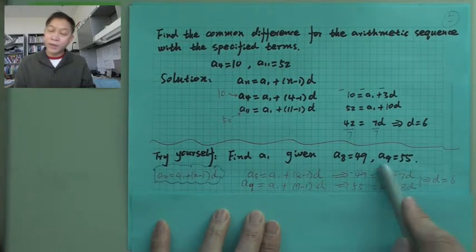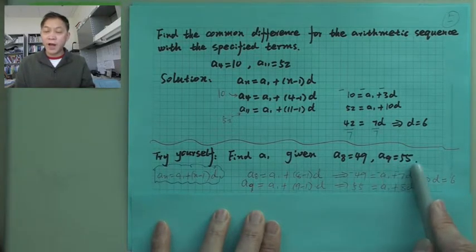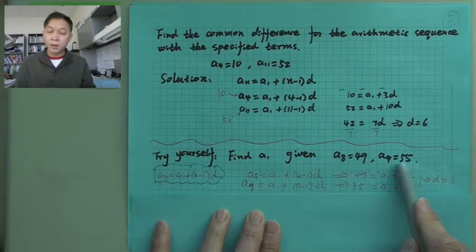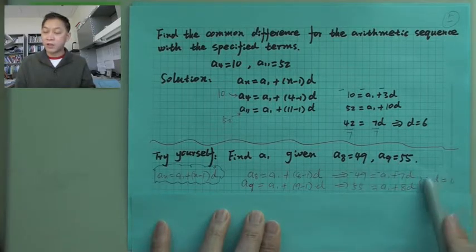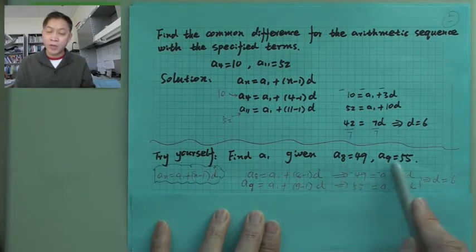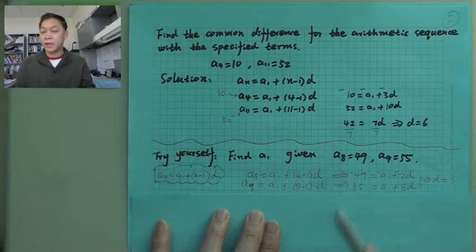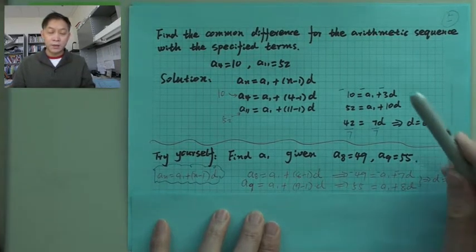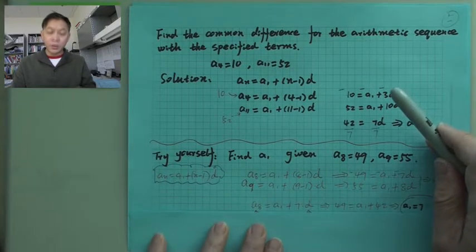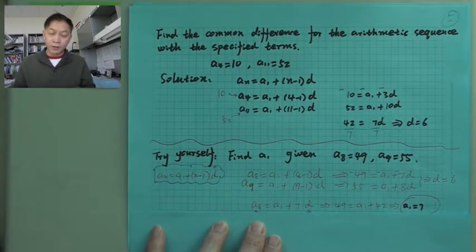We can find D right away from here, because the two terms are very special. A9 follows A8, so D can be easily found.